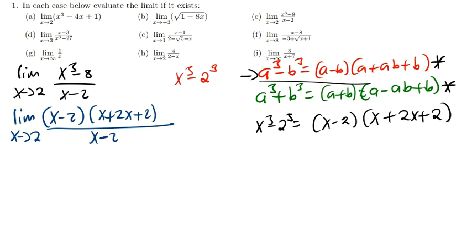Now I'm doing this because I forgot to tell you the reason why. If I plug in the values here, 2 raised to the power 3 minus 8 divided by 2 minus 2, I'll end up getting 0 over 0. 0 over 0 is undefined. So we don't want this limit to be undefined.